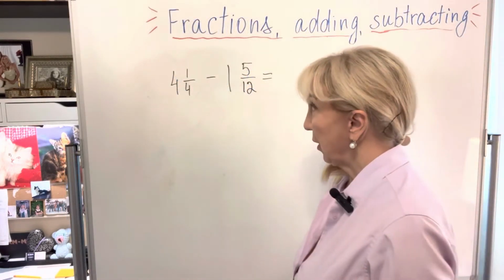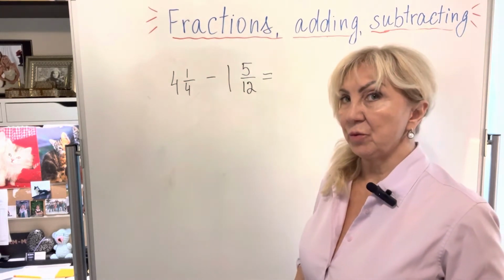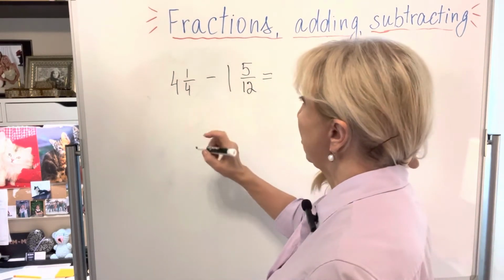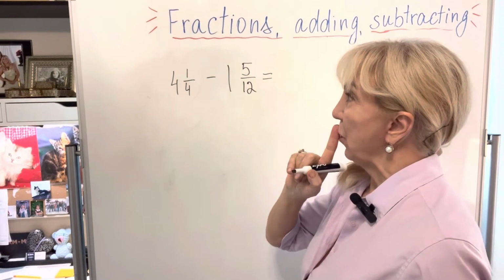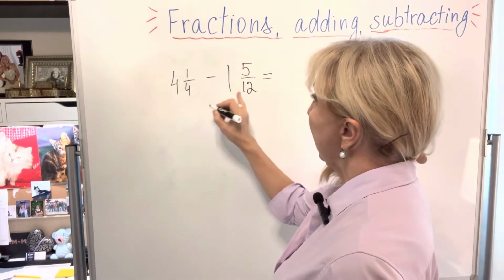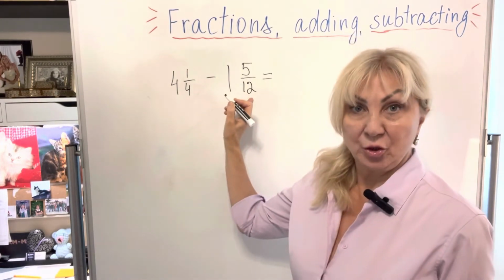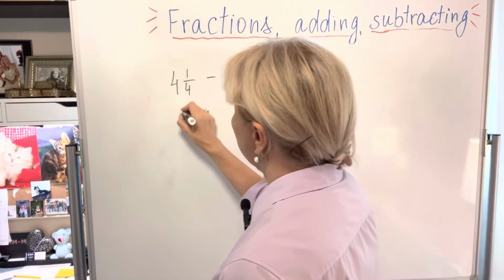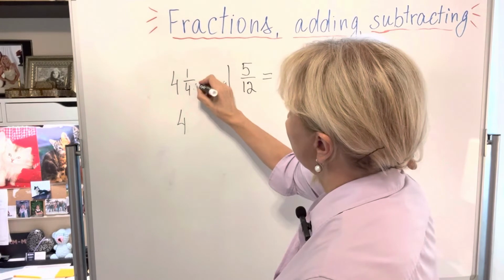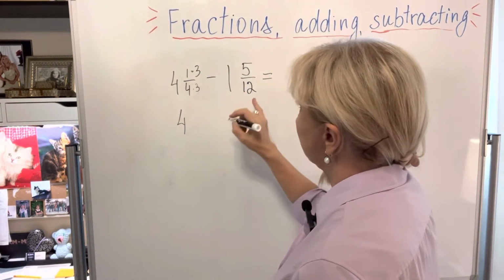Let me try to work with the next problem, subtracting two mixed numbers. First of all, we have to pay attention to one fact. Let me make the same denominators for these two fractions. For this fraction we multiply by 3 because the common denominator is 12.